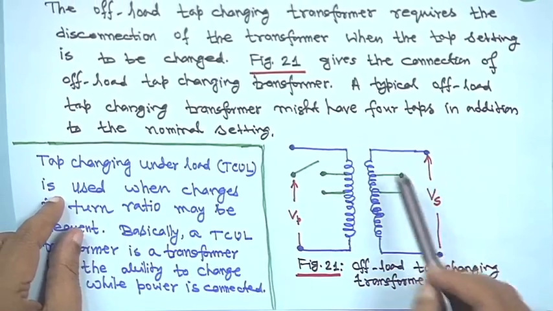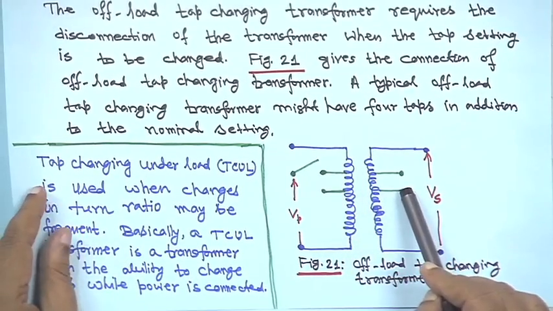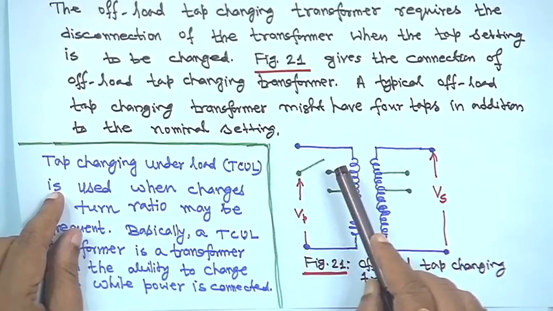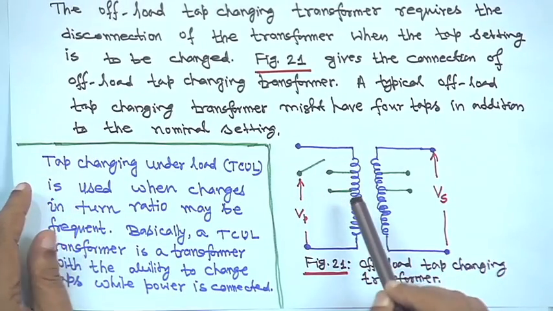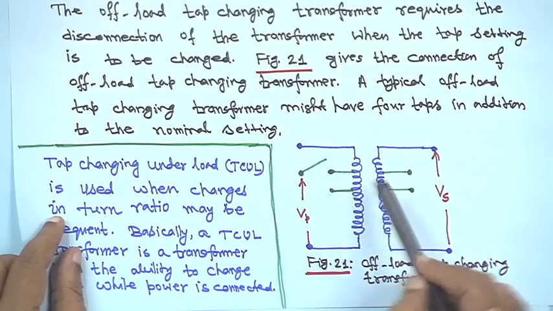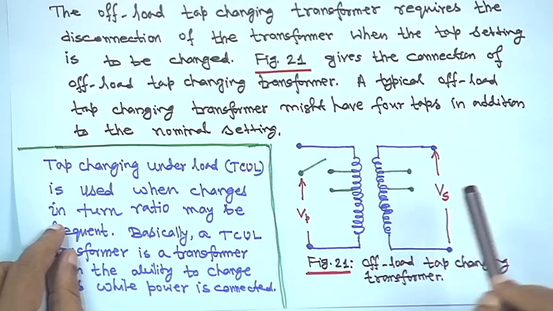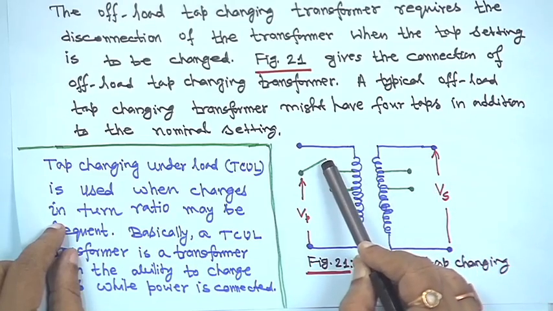In this case there are 4 taps, 2 taps on this side, 2 taps on this side, and a switching mechanism. If you want to change the tap from this side to that side, there are 4 taps, that is why a switch is shown.